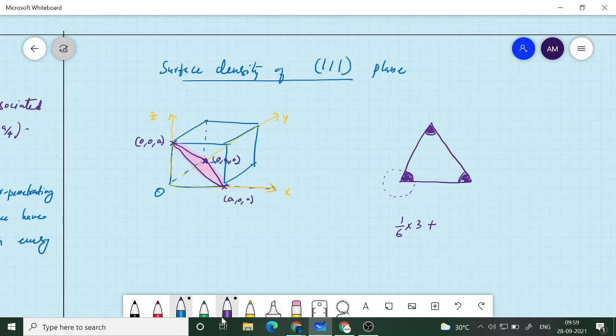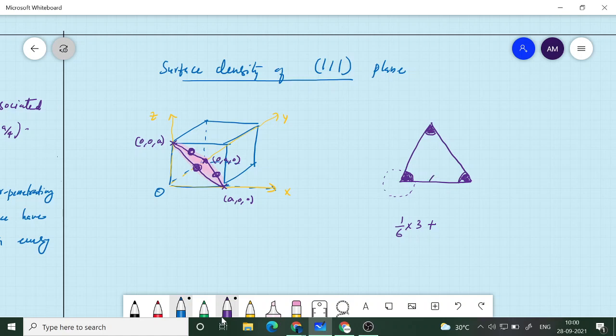So in this particular area you have 1/6 into 3, and then there is an atom sitting on each of the surfaces: the bottom, the left, and the front. Those 3 surface atoms will have half of the atom shared with the adjacent similar area.